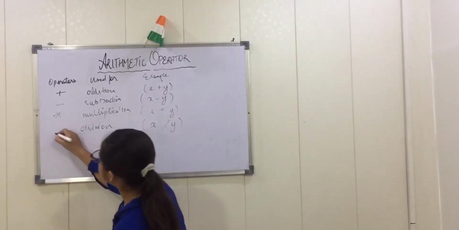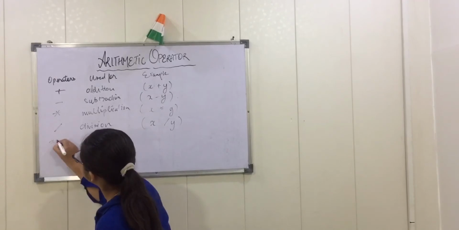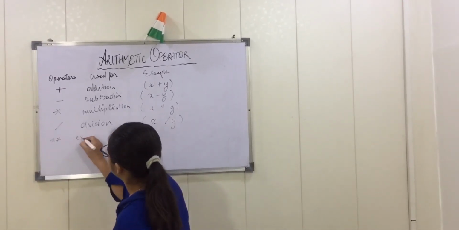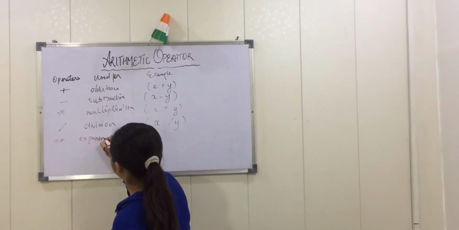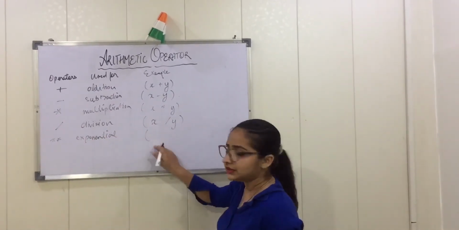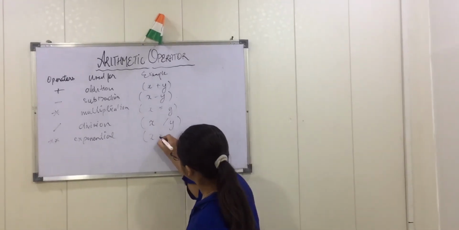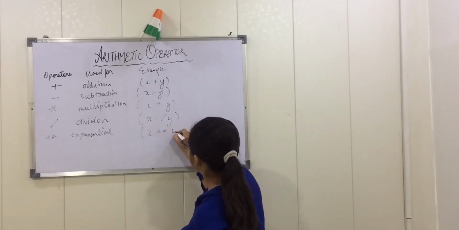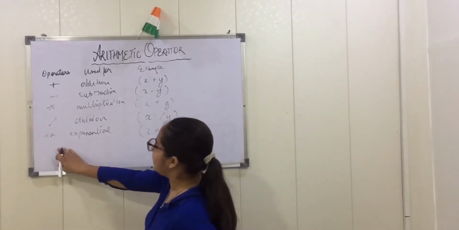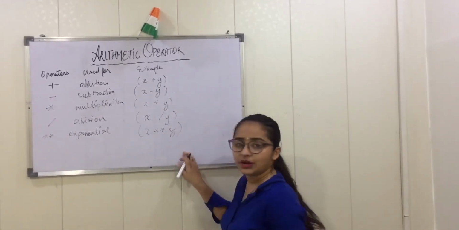The next one is exponential, which can be written as x, double asterisk, y. These are the examples of the arithmetic operators used in Python.